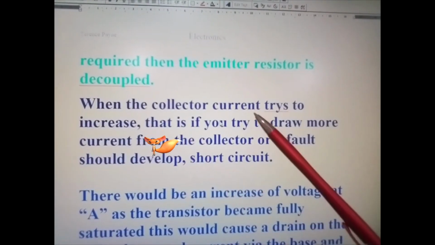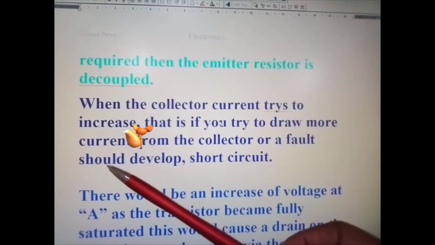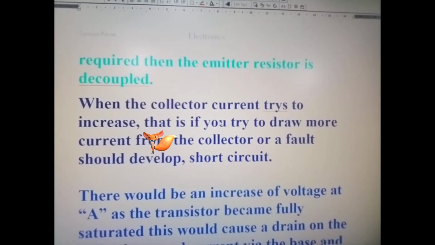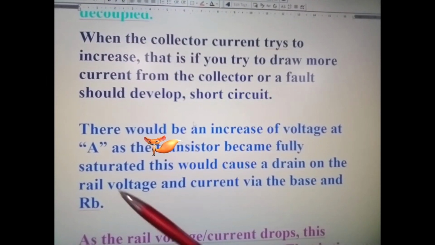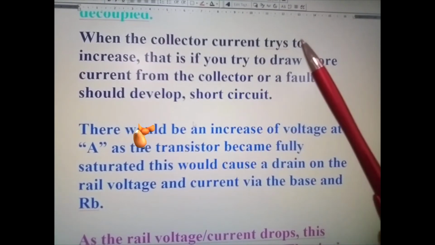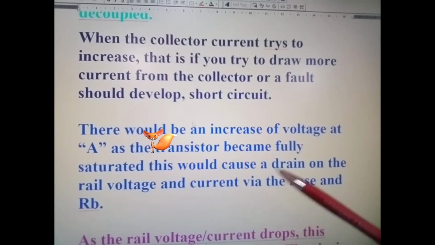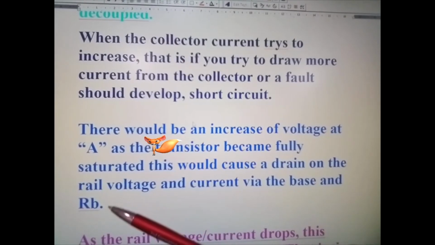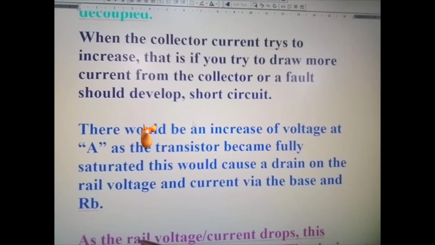When the collector current tries to increase, that is if you try to draw more current from the collector or a fault should develop, a short circuit, there would be an increase of voltage at A. And again, look back at the diagram we just looked at earlier. Okay, as the transistor became fully saturated, this would cause a drain on the rail voltage and current via the base and RB.